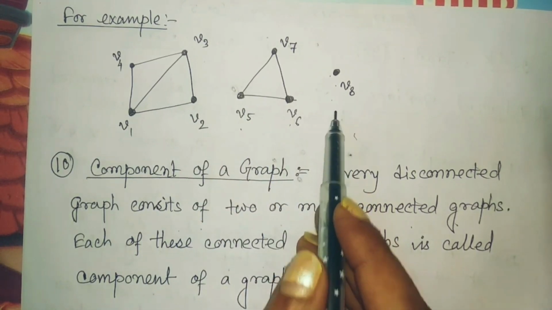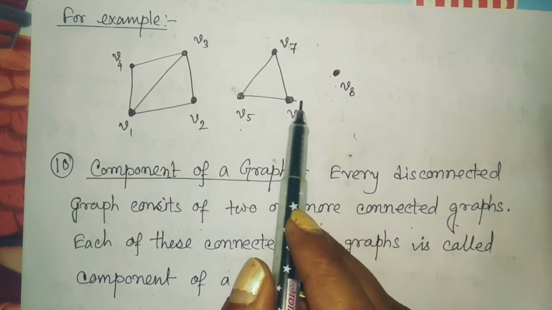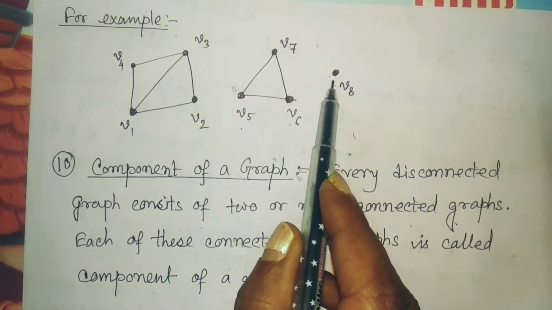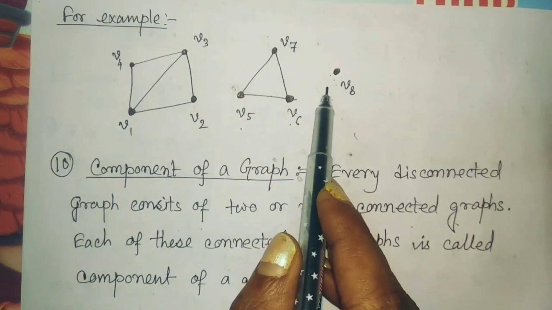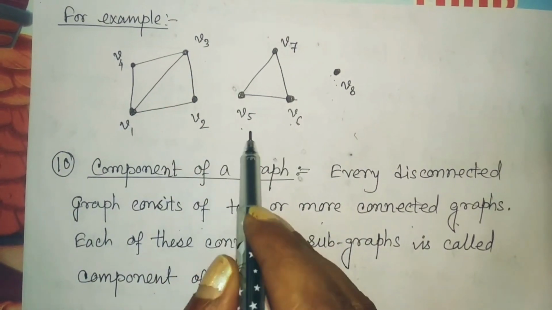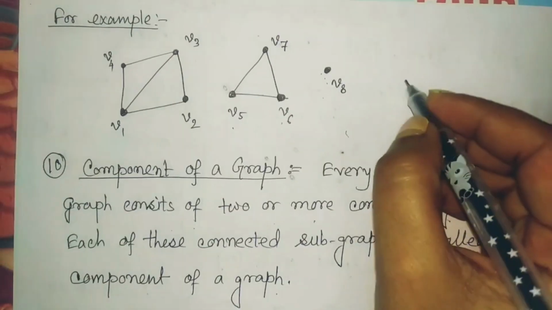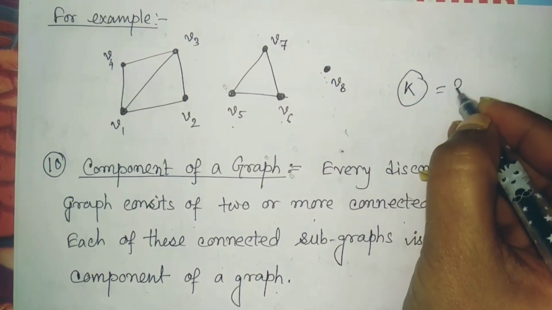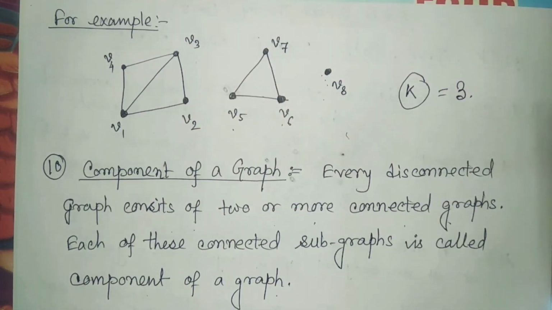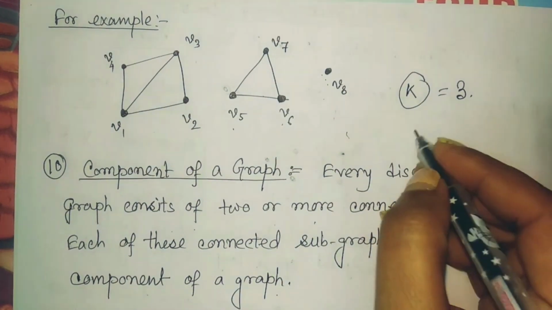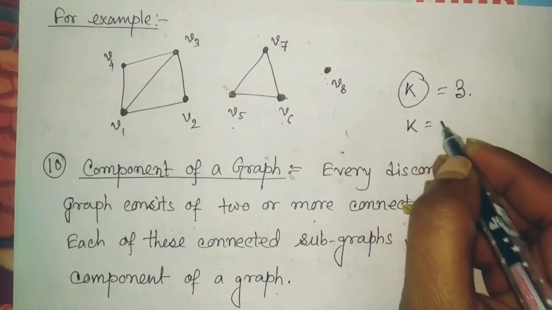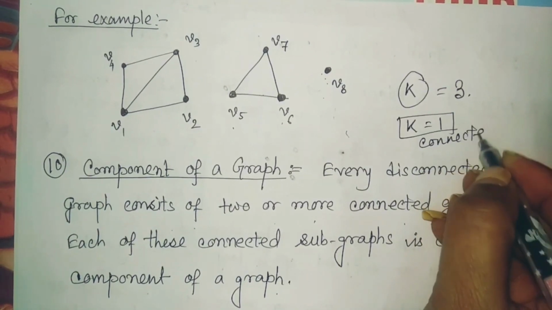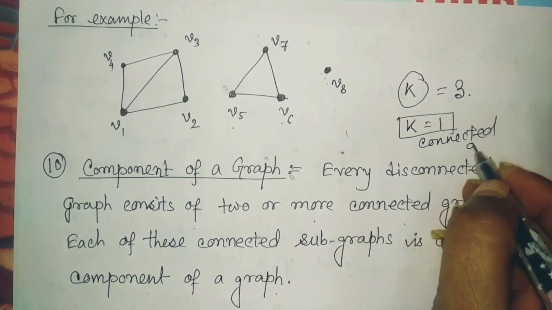These are called the components of the graph. So in this graph, 1, 2 and 3, these 3 are the components. So in this graph there are a total of 3 components, and we can denote the number of components by the sign K. For this graph, the value of K is 3. For a connected graph, the K value is always 1.